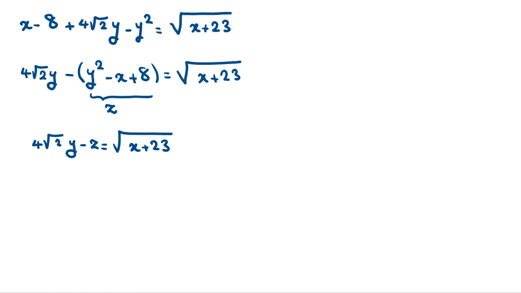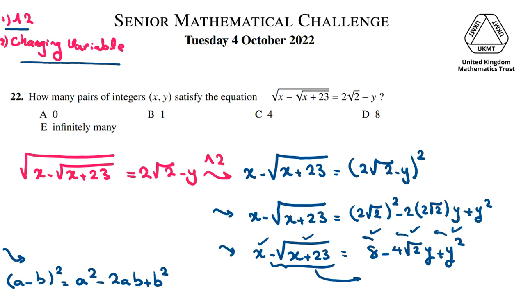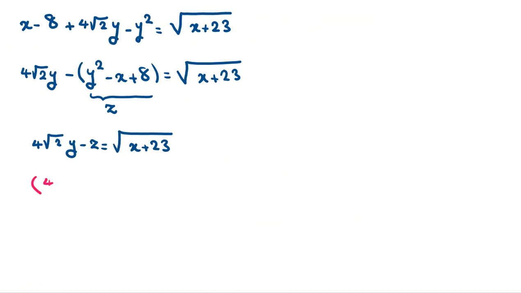Now in the next step, I want to see, is it good to raise both sides to the power of 2? What should we do here? If we raise both sides to the power of 2, as I said, (a minus b) squared, we get (4 root 2 y minus z) squared equal to (square root of x plus 23) squared.